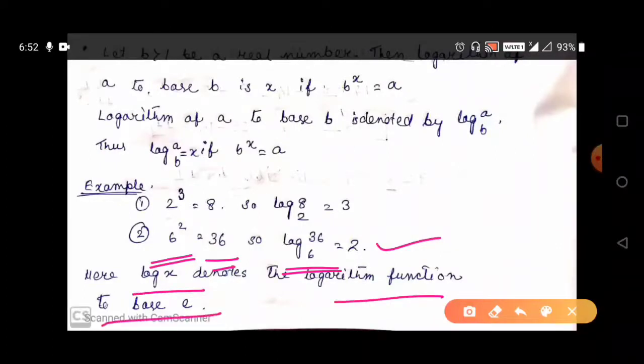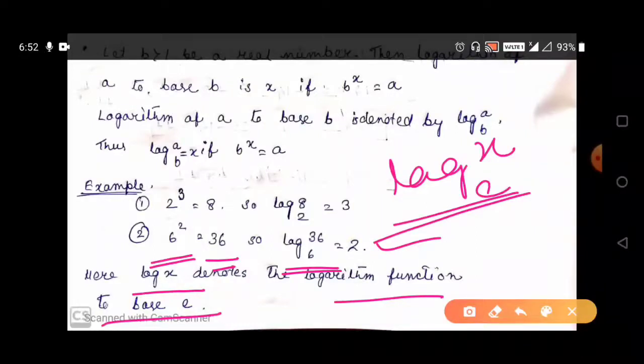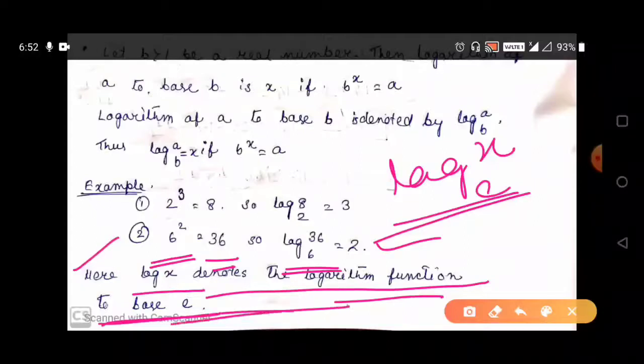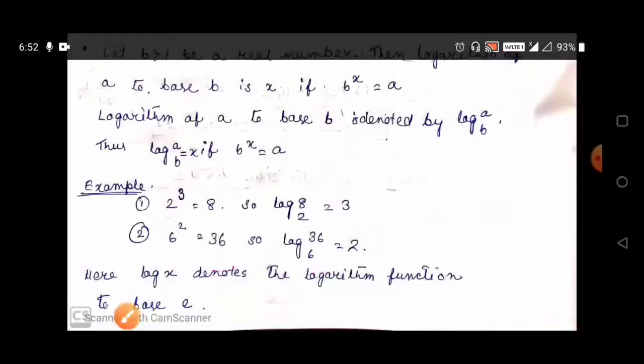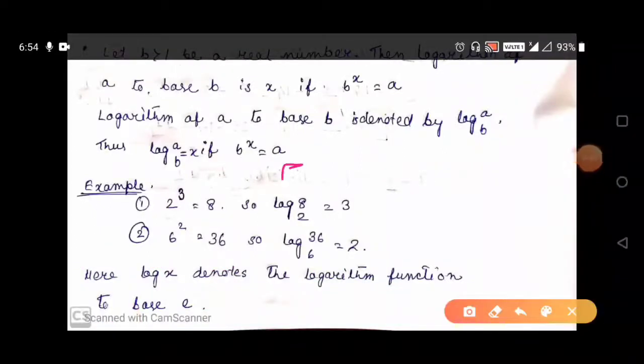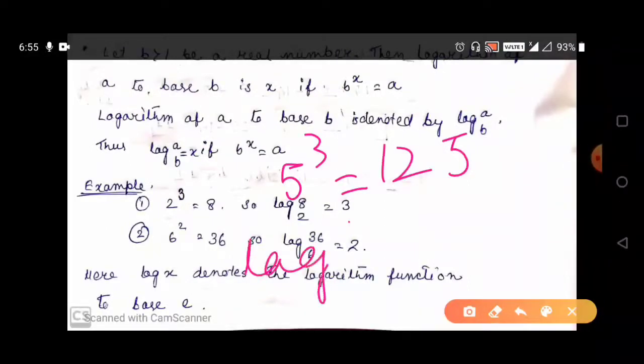So whenever we do questions taking log x, we have to remember that the base of the log x is e. Here log x denotes the logarithmic function to base e. We know 5 cube is equal to 125. Here we can write log 125 base 5 is equal to 3.